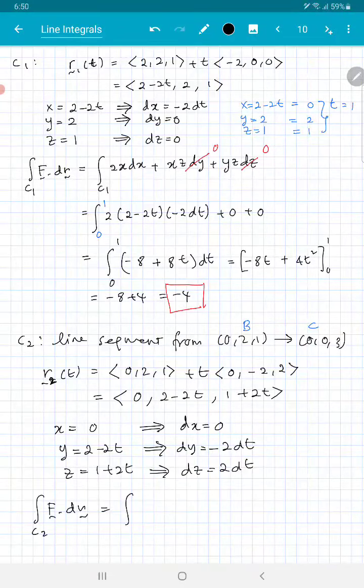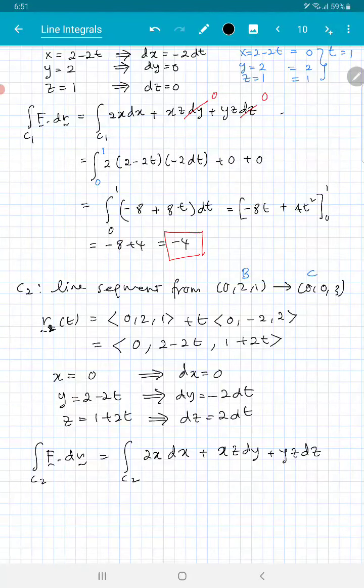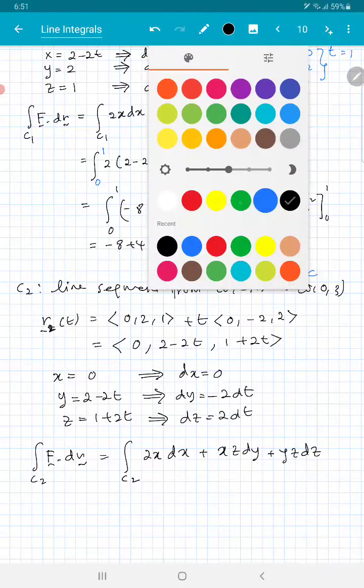Again, this will give us the same P(x,y,z) dx plus Q(x,y,z) dy plus R(x,y,z) dz. So this part here is still the same. We have 2x dx plus xz dy plus yz dz. But now we're going to evaluate this along curve C2. And here you can see that x is 0.